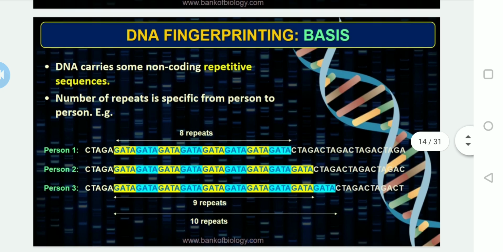Whenever you see DNA fingerprinting, what is the basis? As I said, DNA carries some non-coding repetitive sequences. In each and every portion of the genetic material, the DNA carries some non-coding repetitive sequences, and the number of repeats is specific from person to person.